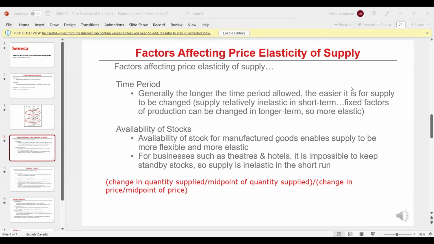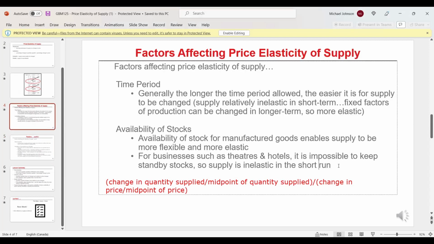Availability of stocks. Availability of stock for manufactured goods allows supply to be more flexible and more elastic. For businesses such as theaters and hotels, it's hard to have standby stocks, so supply is inelastic in the short run.